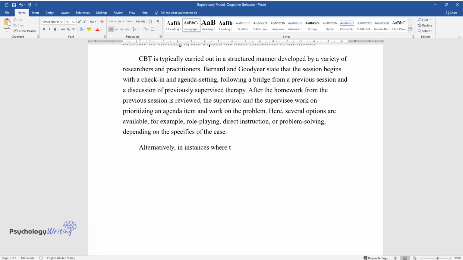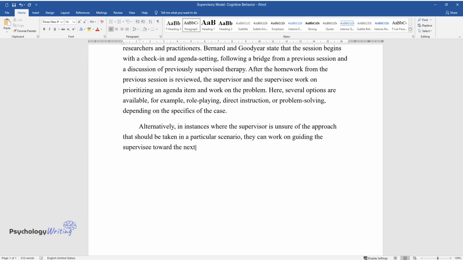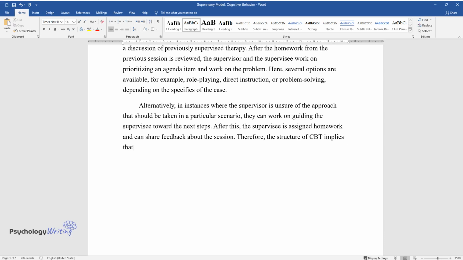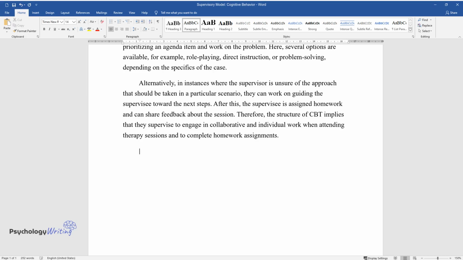Alternatively, in instances where the supervisor is unsure of the approach that should be taken in a particular scenario, they can work on guiding the supervisee toward the next steps. After this, the supervisee is assigned homework and can share feedback about the session. Therefore, the structure of CBT implies that they supervise to engage in collaborative and individual work when attending therapy sessions and to complete homework assignments.